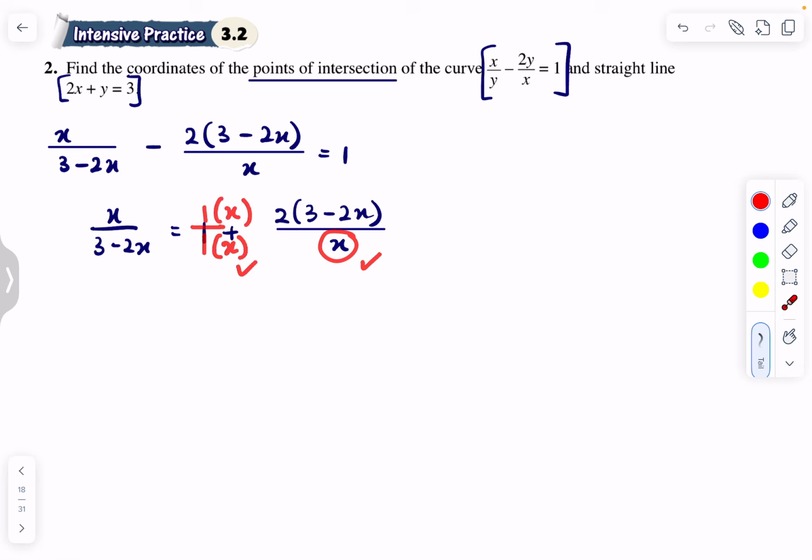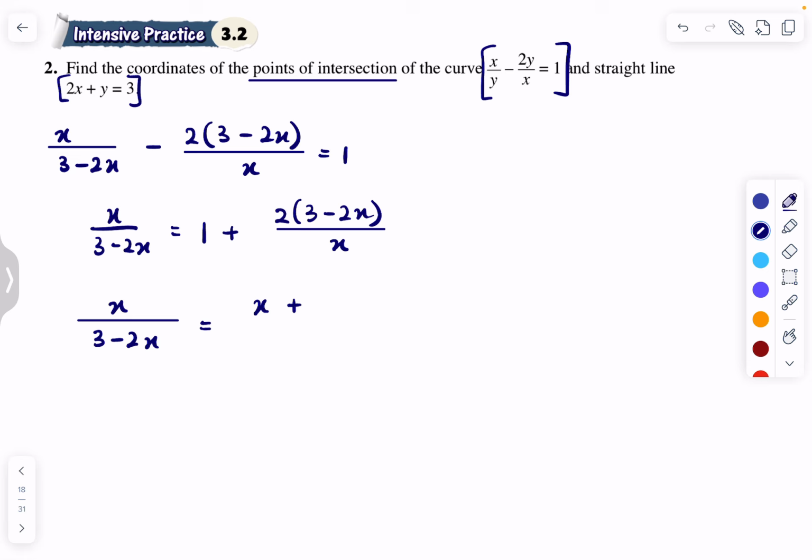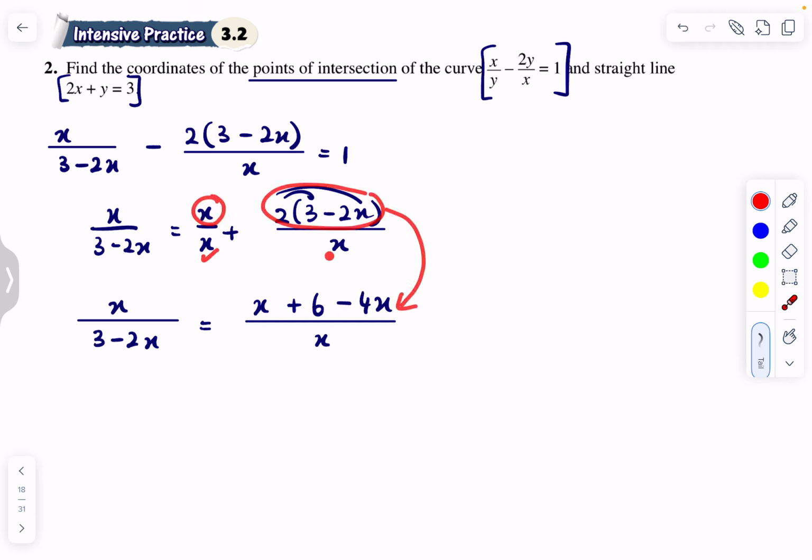So x over 3 minus 2x equals x plus, this one we can expand also, 6 minus 4x over x. Instead of writing 1, I made it x over x. Then x plus this, since the denominators are the same, I just write it as x. And then here we can simplify. So x minus 4x will become negative 3x. Then I can erase this. So we've already simplified a bit.